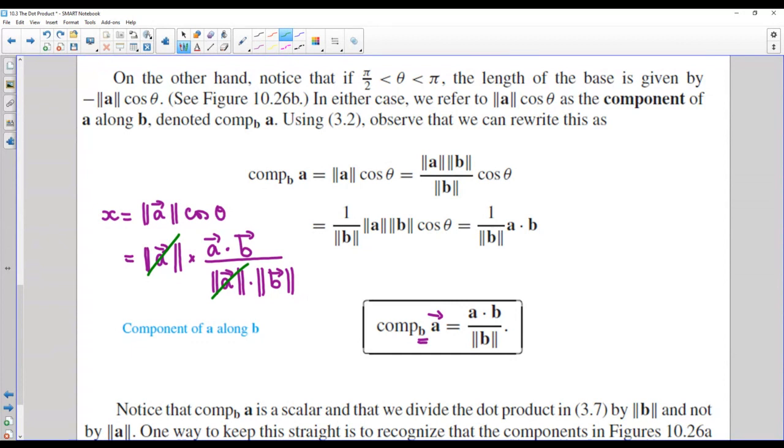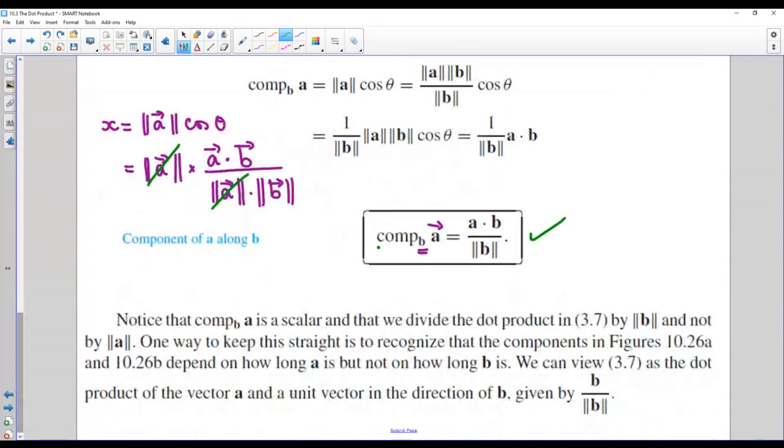And what you are getting is the component is A dot B divided by the magnitude of B. So we are getting this rule here, which is written in this rectangle here.